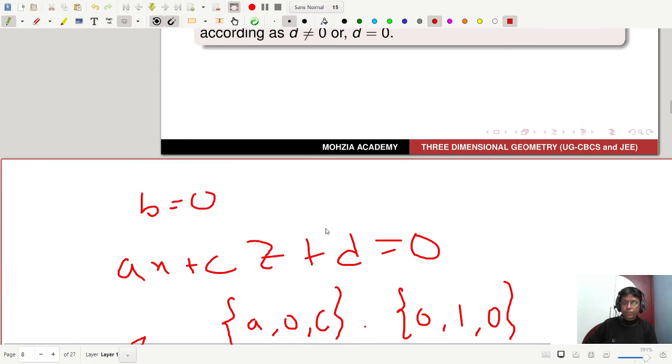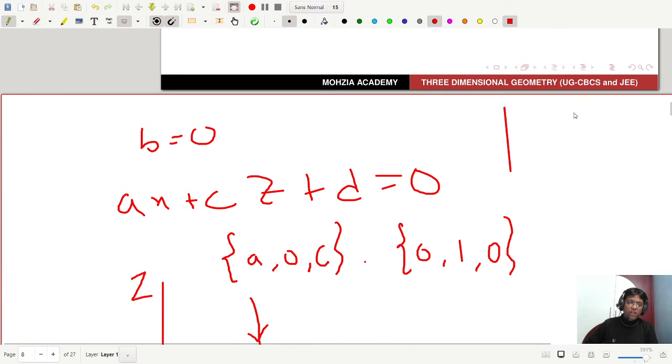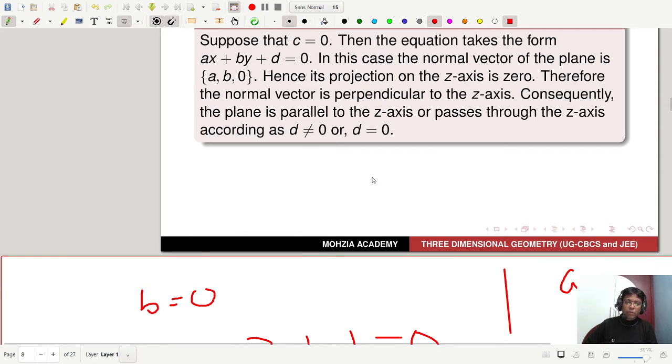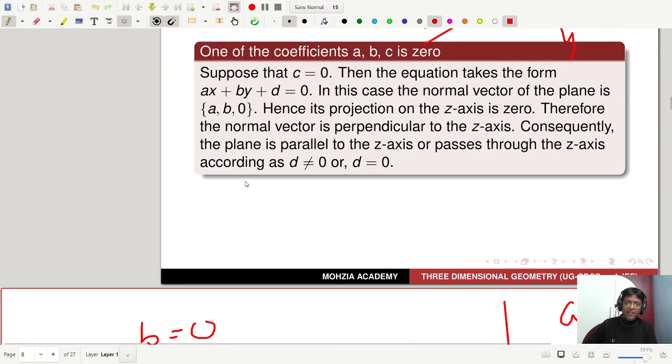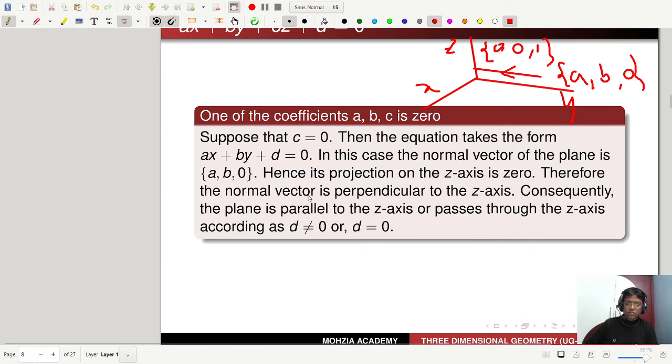Same conclusion. And if you consider a equal to 0, you can find the plane will be parallel to the x-axis or passes through the x-axis. Okay, so these are the cases. Similar conclusions can be made. So this is the case if one of the coefficients is 0.